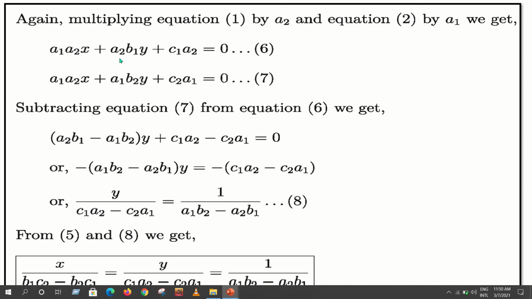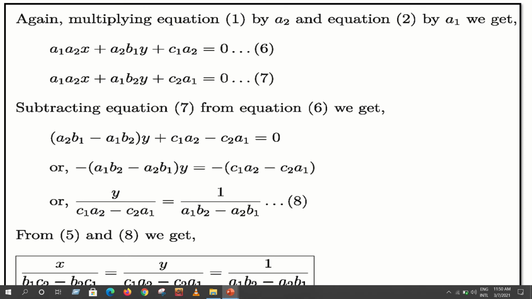Here will be a2 b1 minus a1 b2 into y, y is common, and here is plus c1 a2 minus c2 a1. Now this converts to the right side. As a result, here will be minus c1 a2 minus c2 a1.